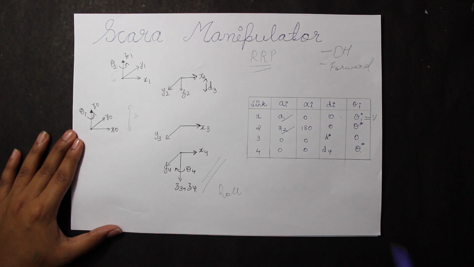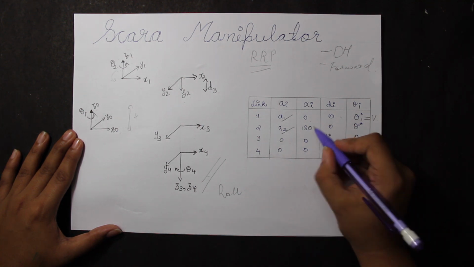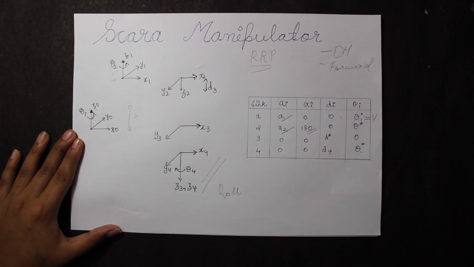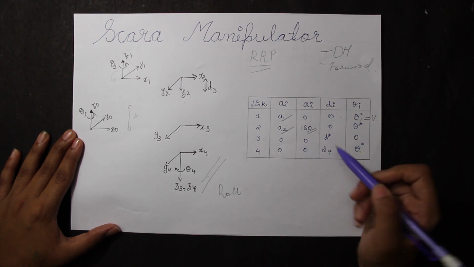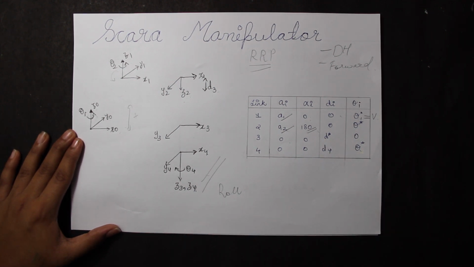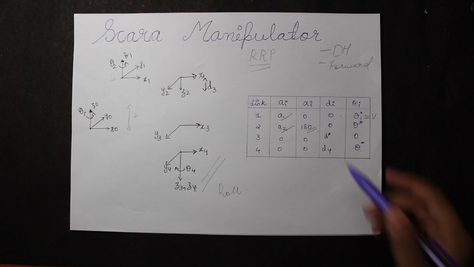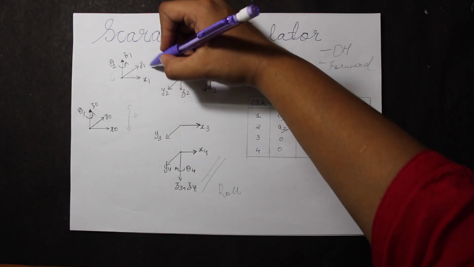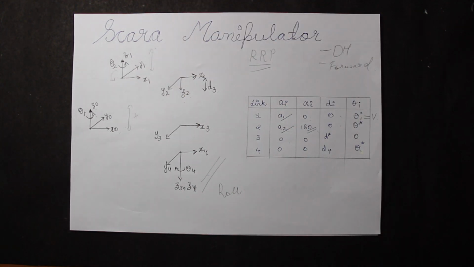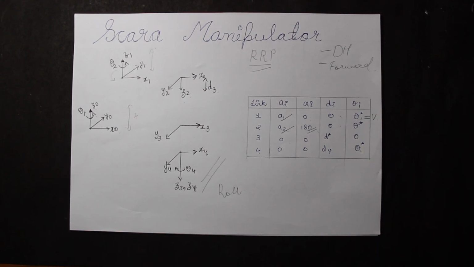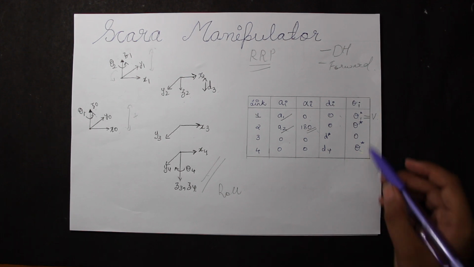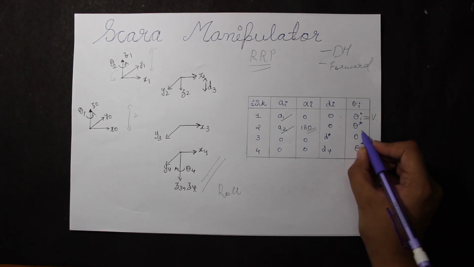So we observe that it has rotated 180 degrees in the anti-clockwise direction and will thus specify the value of alpha 2 as 180 degrees, which is positive. Similarly, since it's a revolute joint, we don't have a value of offset and we'll give it as 0. And again, we have the value of theta 2, which is a variable, and we'll give it a theta 2 star mark.